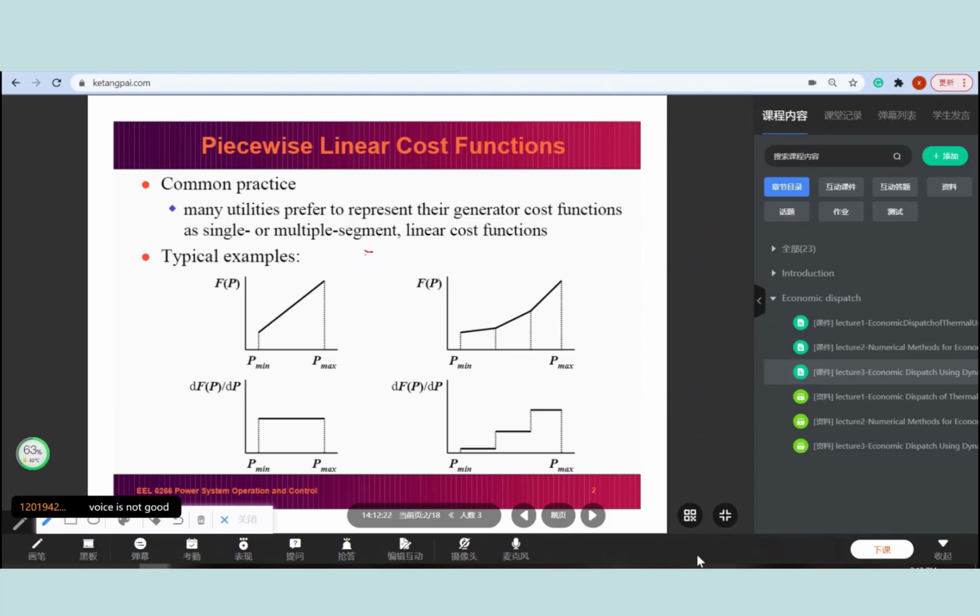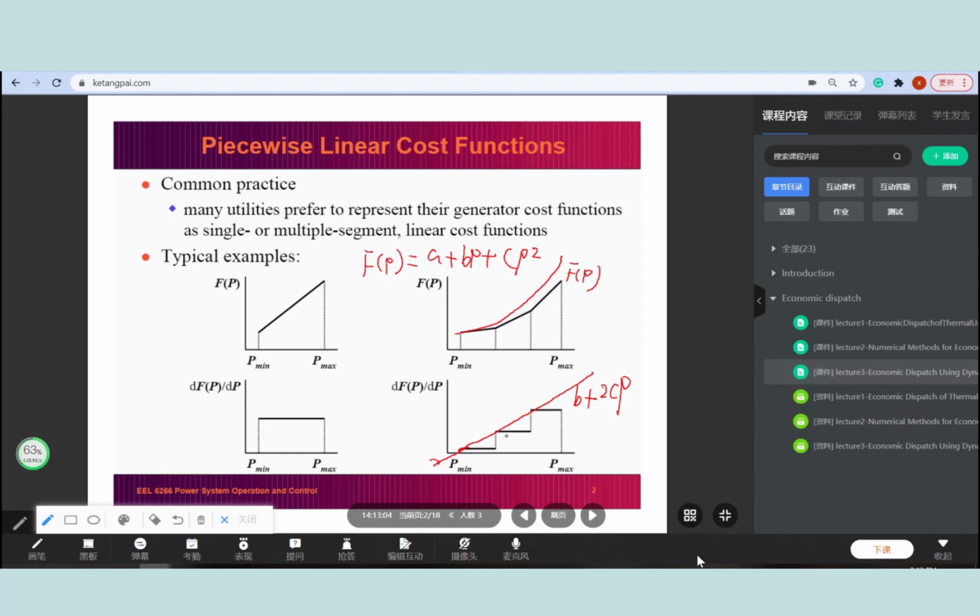You still remember if we have an input-output function like this, a plus bP plus cP squared, we will have an input-output curve like this, a square. Then the first order derivative will be linear: b plus 2cP. So you found that the first order derivative is a linear equation.